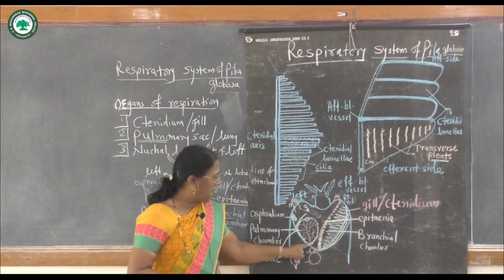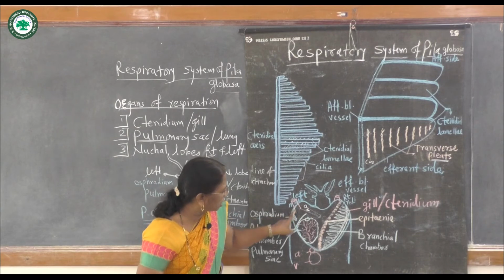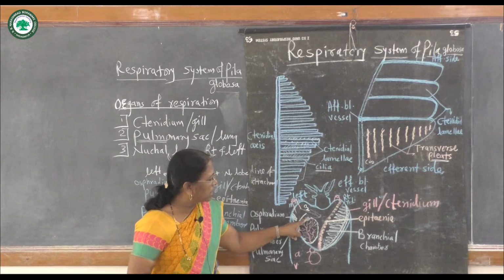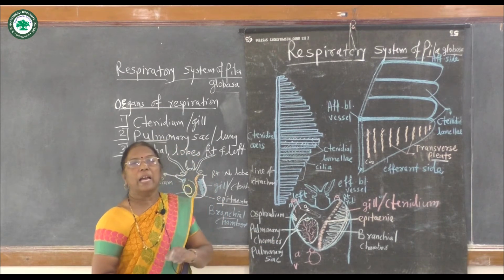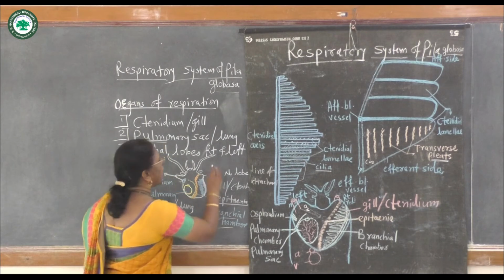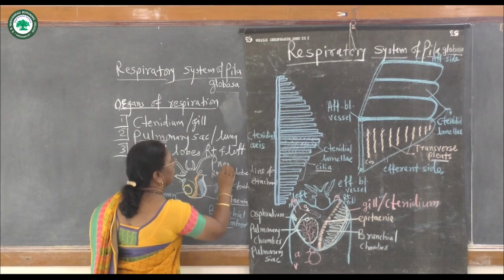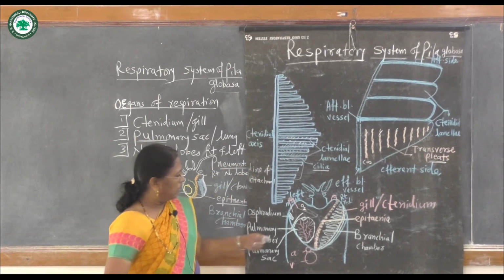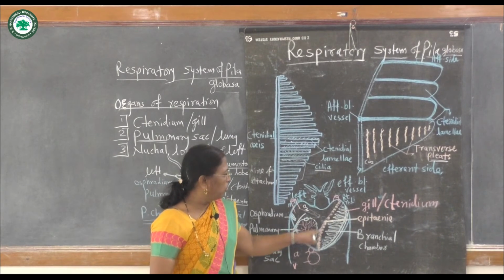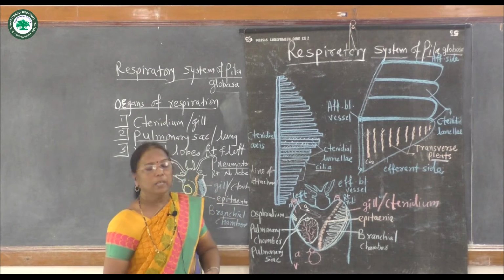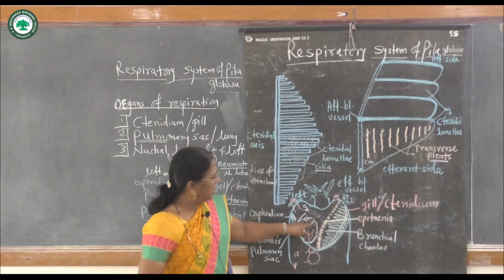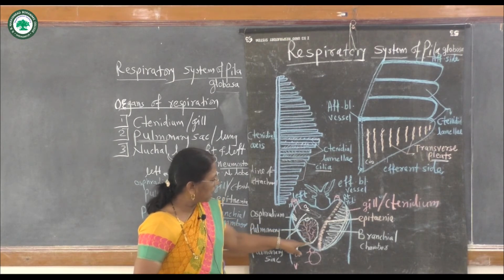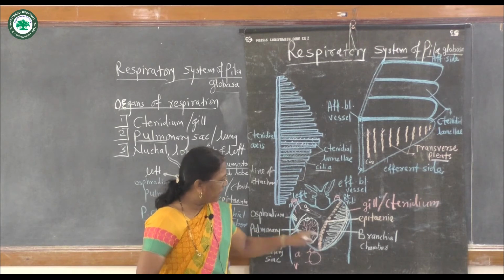This pulmonary sac opens into the pulmonary chamber through a small aperture called the pneumostome. This is the ventral part of the pulmonary sac. This is the dorsal part which attaches to the roof of the mantle cavity.